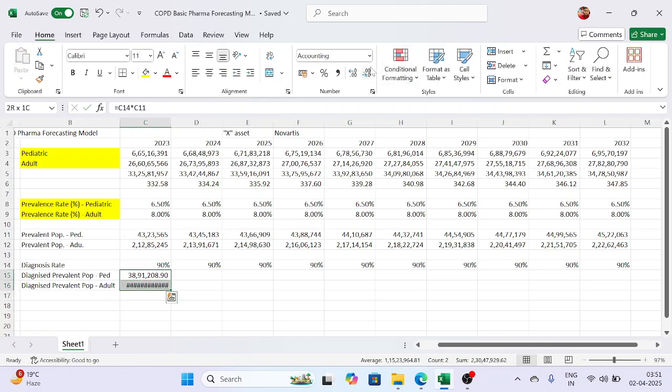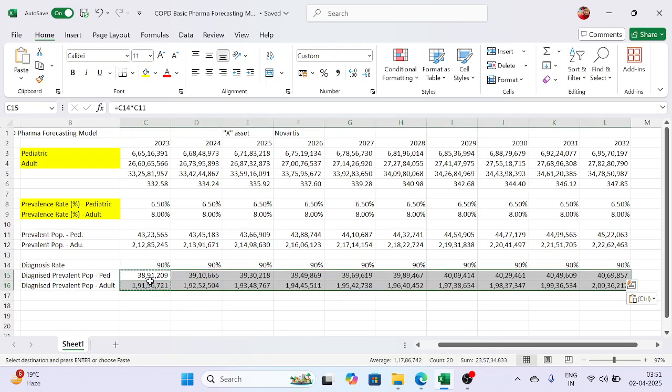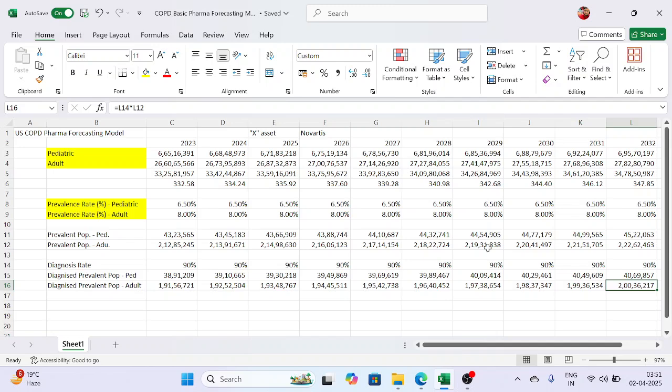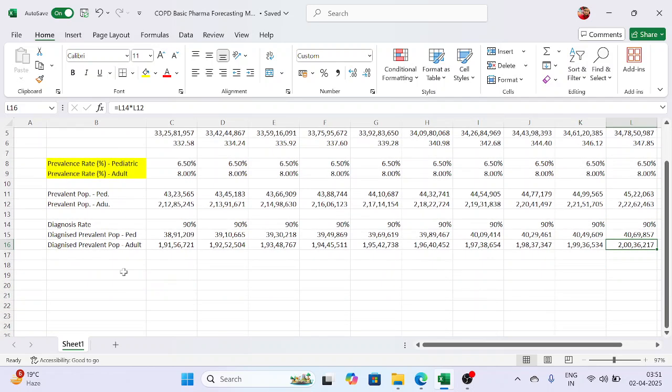So this multiplied by this. This is the sanity check I was talking about, which we can do after every step.